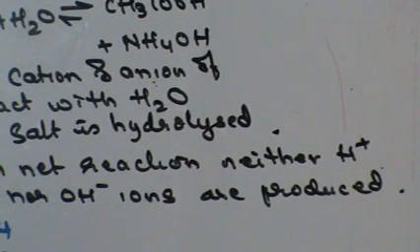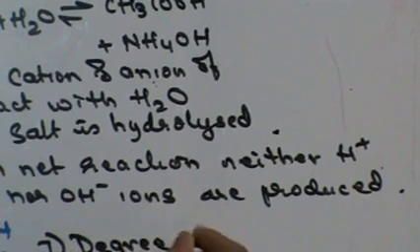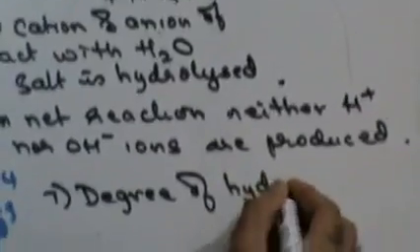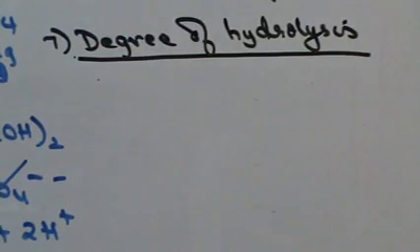Fine, do we get this thing here? So do we understand the hydrolysis? Now, what do we understand by degree of hydrolysis? Degree of hydrolysis is the fraction of the total number of moles of the salt that have undergone hydrolysis at equilibrium.